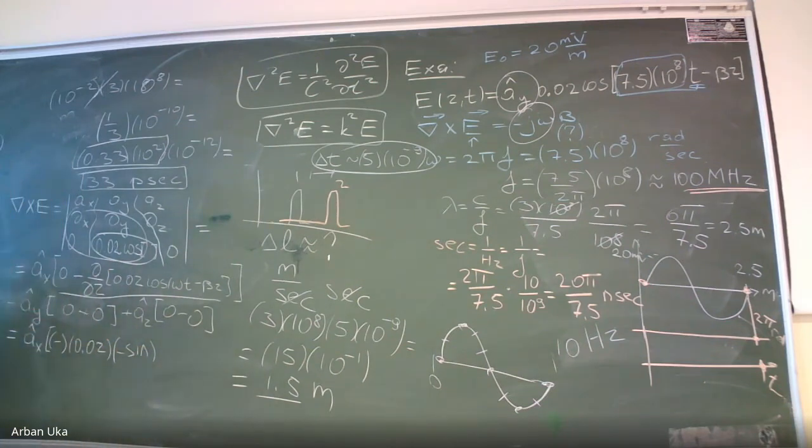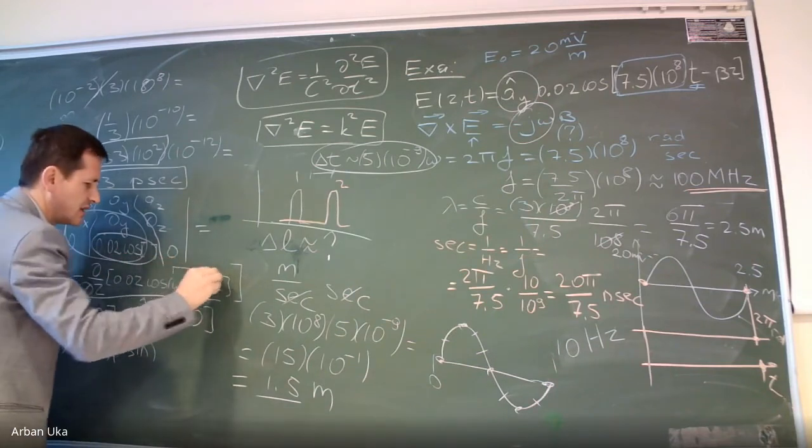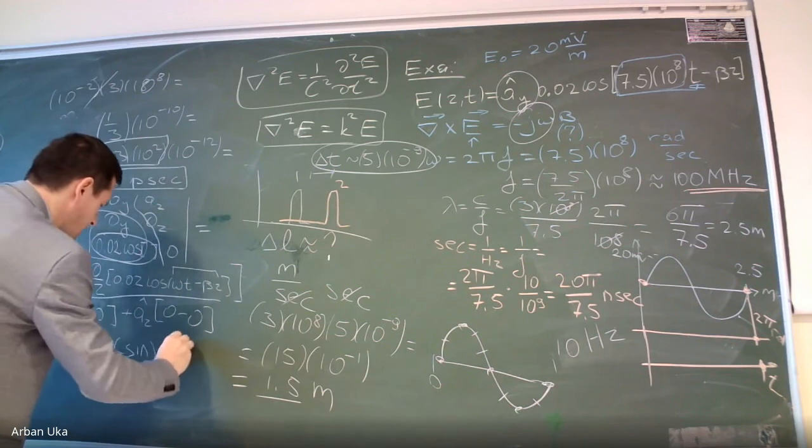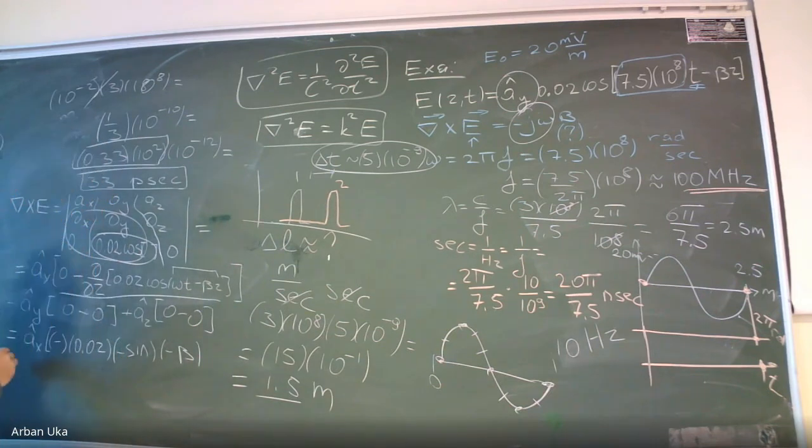And sine also has the arguments of omega t minus beta z. And then we have to take the derivative also of this term inside, right? We have another minus beta, is it correct? Times minus beta. So in the end, we get something like this is equal to ax times minus sine times minus beta.